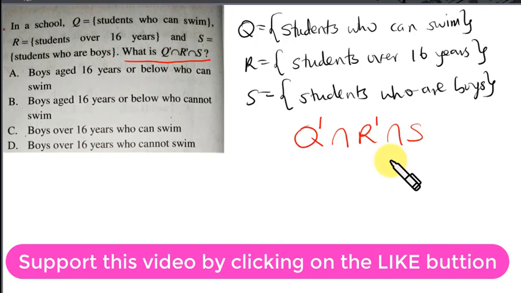So Q complement means not Q, R complement means not R, but here we have just S.